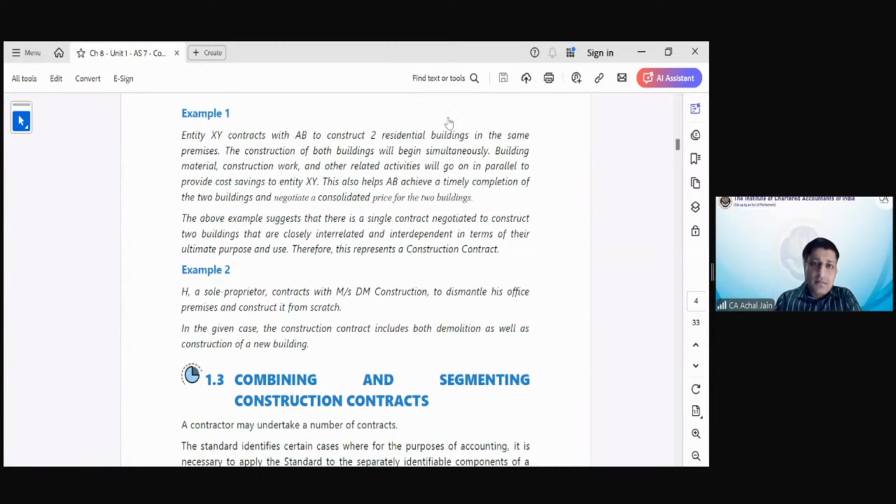AB is the customer here. Who is the contractor? XY. So now in relation to this construction of building, whose revenue recognition will be looked at? Please tell me.